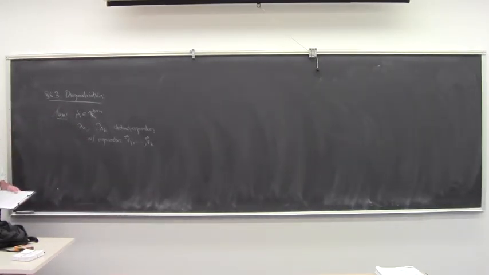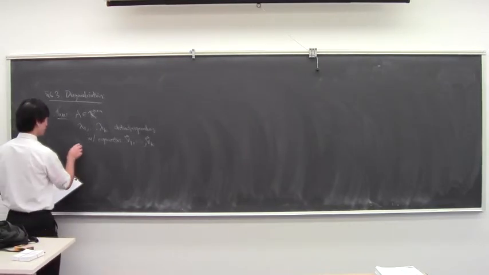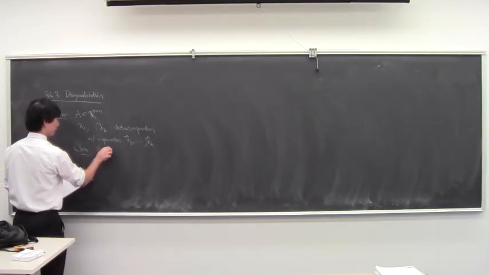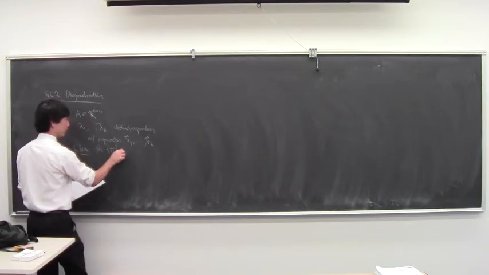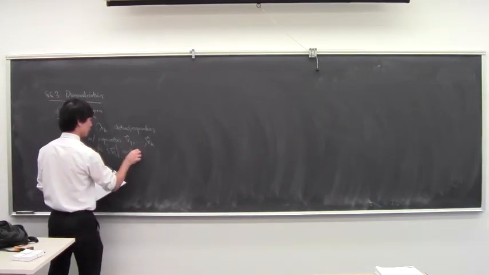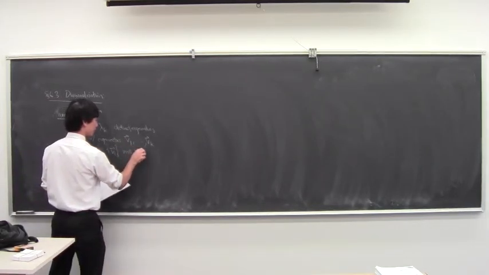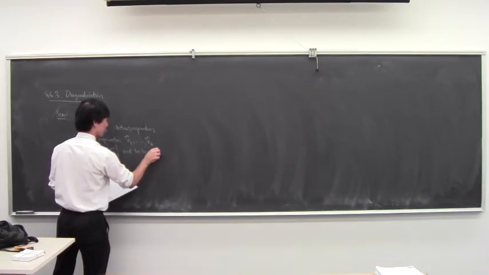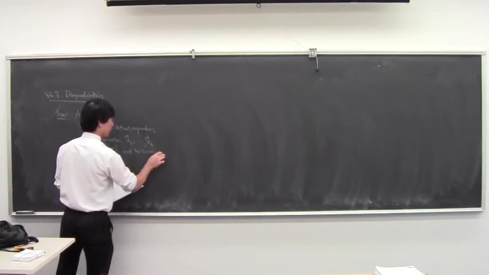So k is some number less than or equal to n. Then the claim is that the eigenvectors must be linearly independent.